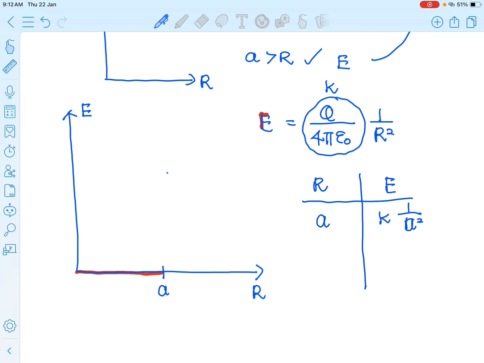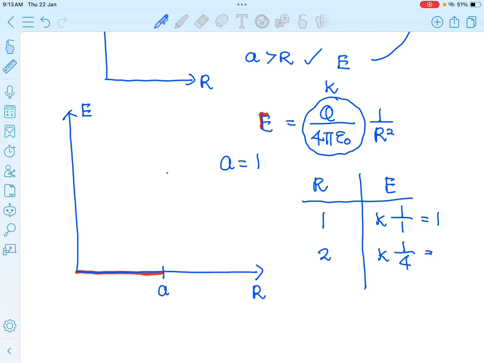If A is equal to 1, here it becomes 1 over 1, which is equal to 1, times K. And if R is 2, you will have 1 over 4.